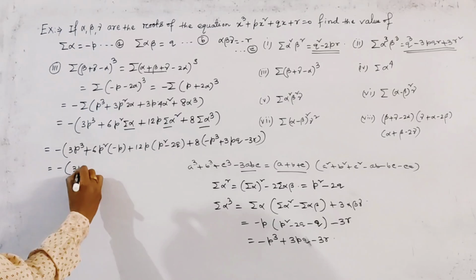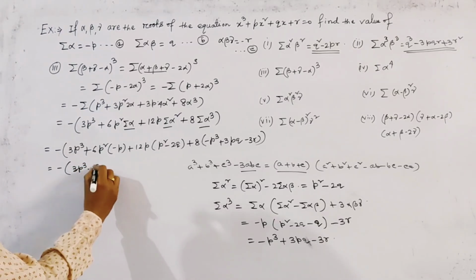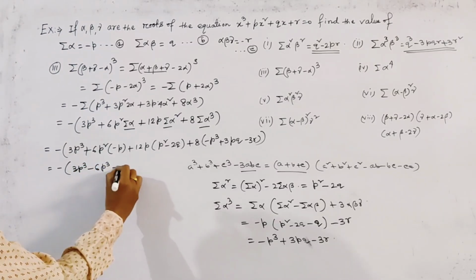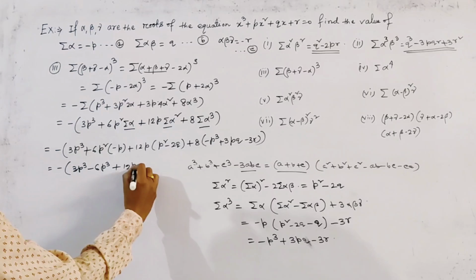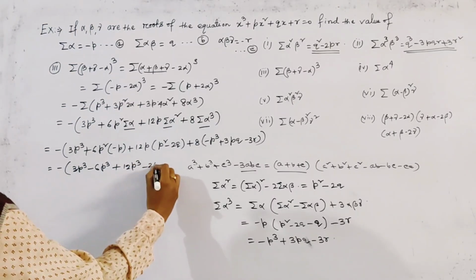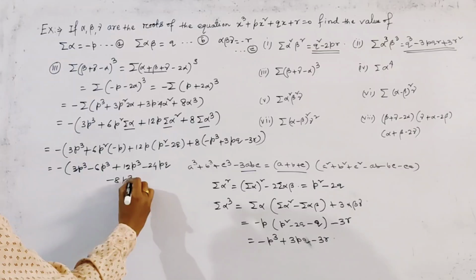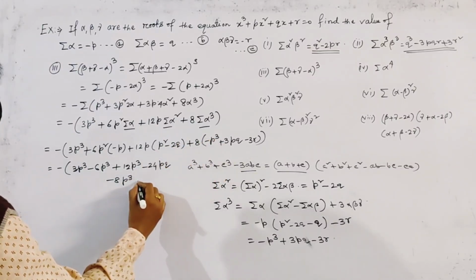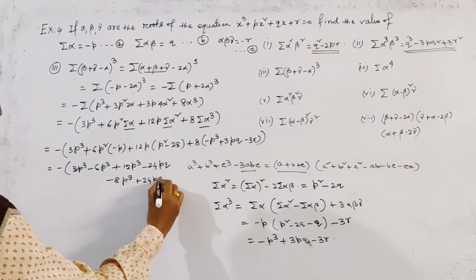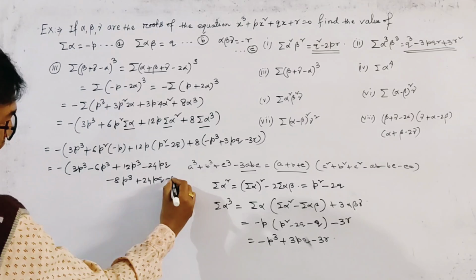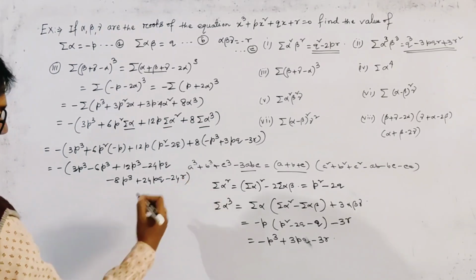So this is 3pq minus 6pq plus 12pq minus 24pq minus 8pq, and this is plus 24pq, and this is minus 24r.